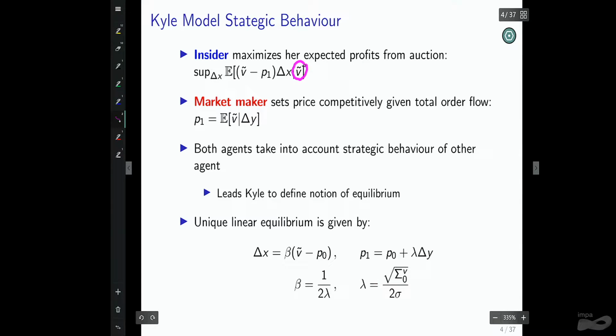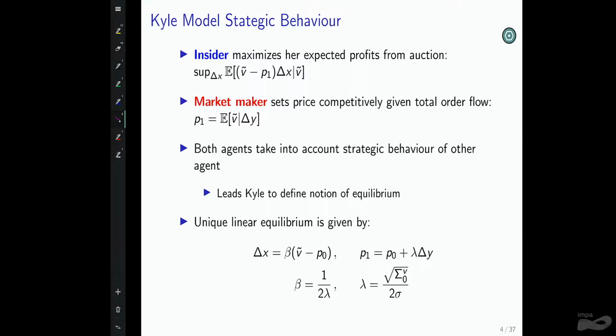This is the signal that has been revealed to the insider before any of the trading actually occurs. The market maker is trying to set the price according to the future expected value of what the asset is. But the information that the market maker has is different than the information that the insider has. So they're allowed to condition on delta Y because that's the variable that they actually observe.